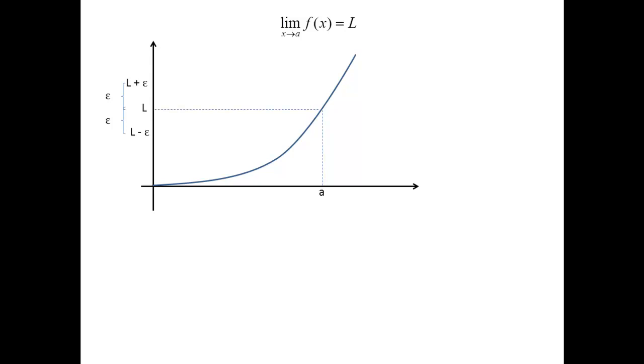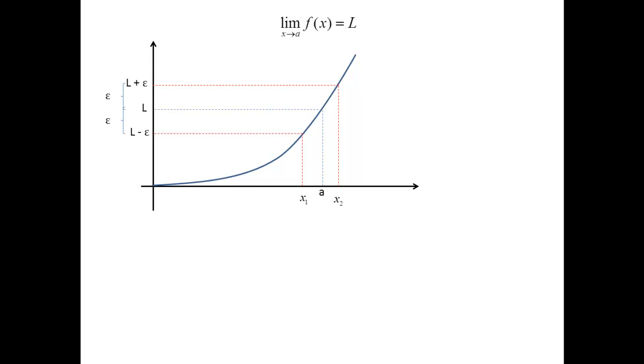Now the L plus epsilon corresponds to x2, just some x on the x-axis, and L minus epsilon corresponds to x1, just some x on the x-axis. Now let's consider the distance from x2 to a and from x1 to a.